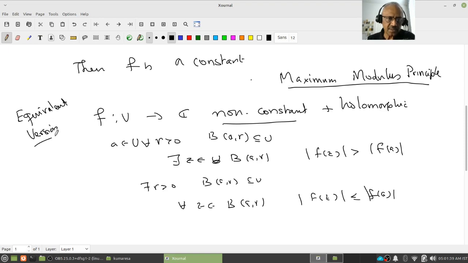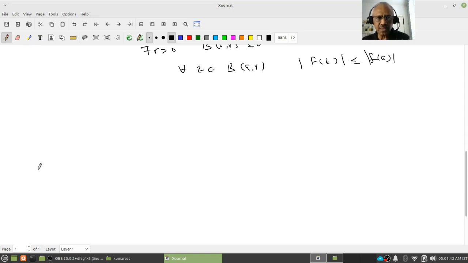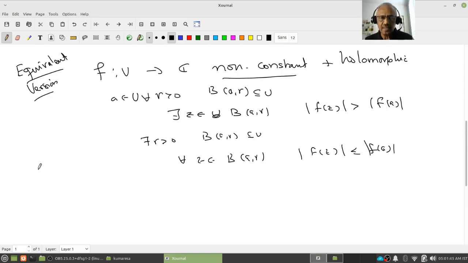I'm saying these things so that you get used to this, because I find many students have problems with the maximum modulus principle because it's somewhat counterintuitive when compared with real analysis in some sense. So if I assume the maximum modulus principle, I proved this equivalent version. Now suppose f is a non-constant holomorphic function with this property.